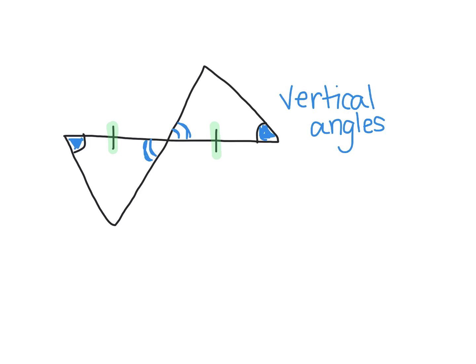Just to talk a little more about parallel lines, seeing that this angle is congruent to this angle gives me an idea that these two sides are probably parallel to each other because the alternate interior angles are congruent. But that's not what this question's asking.